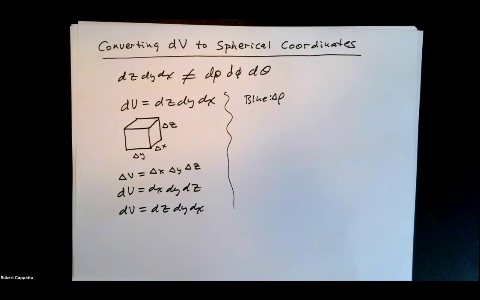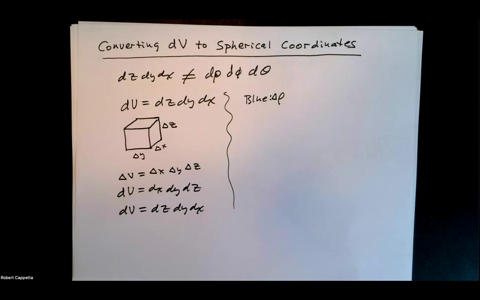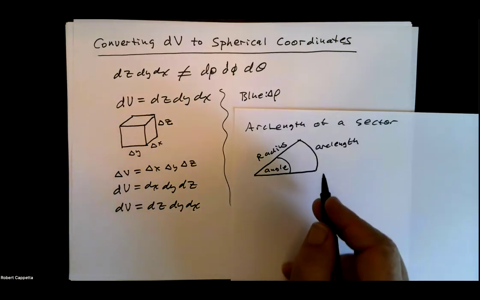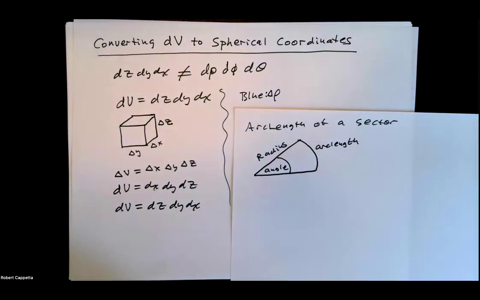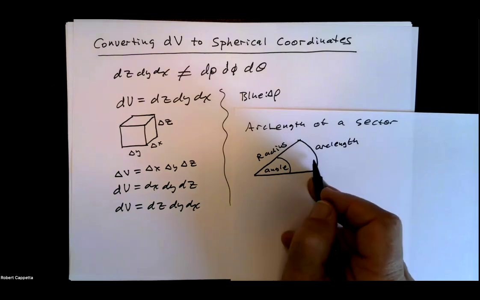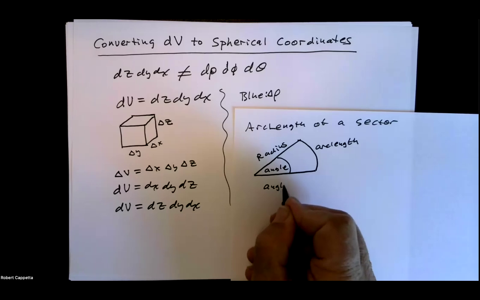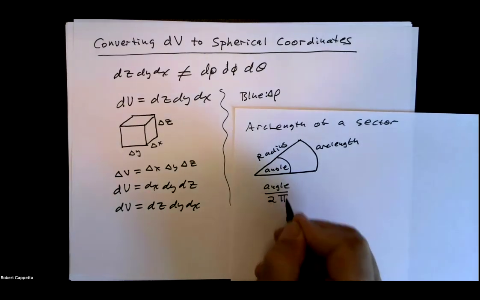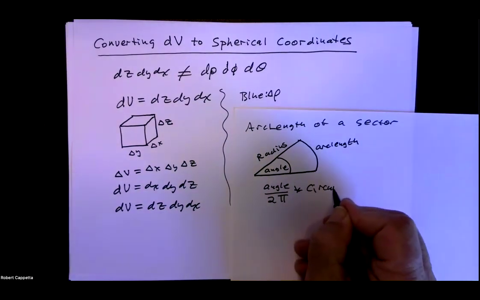Now we have a couple other pieces we need to think about. But before we do that, let's remind ourselves of how we find an arc length. So what is an arc length for a sector? Just a quick reminder, I have an arc length. It has a radius, it has an angle, and that distance is the arc length. But the thing to recognize is that arc is a fraction of the circumference. What kind of a fraction is it? Well, that angle divided by 2 pi tells you how big the fraction is, times the circumference will give us the arc length.